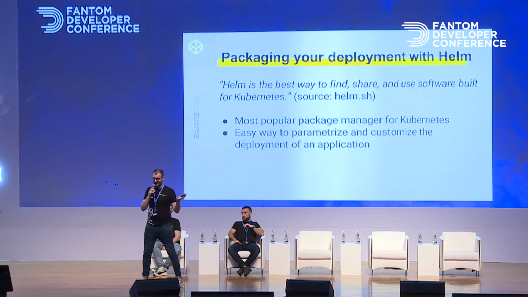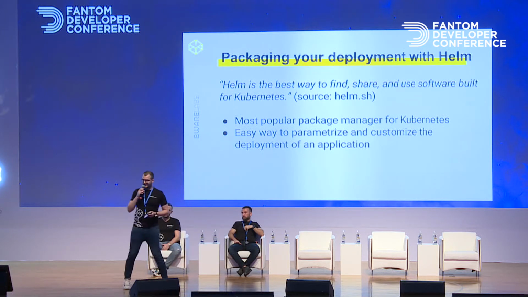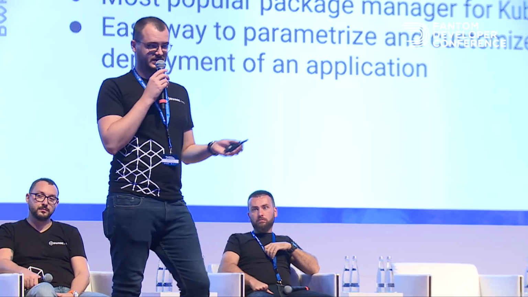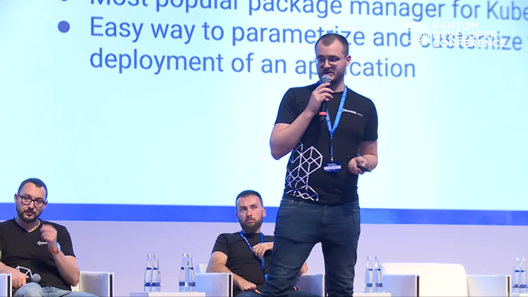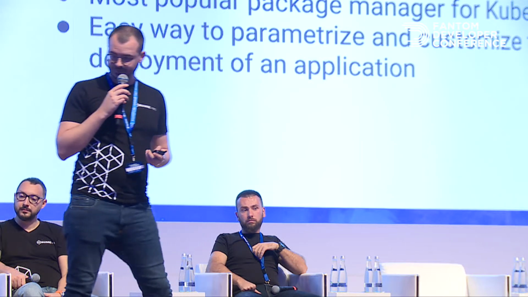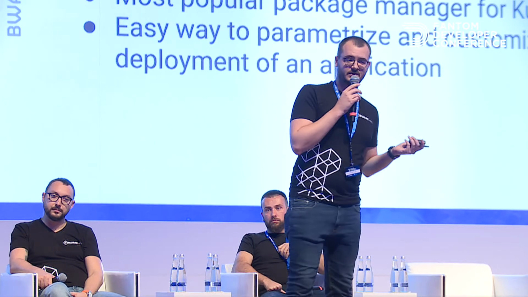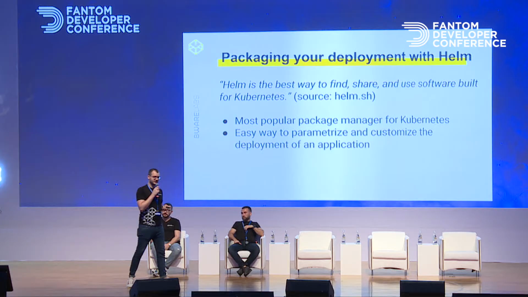You can template every Kubernetes object that you are creating, like service, persistent volume claim, deployment, whatever, you name it, and afterwards provide an interface to customize the way things are getting created and deployed. In this case, it's using a file called the values file, and that's how you manage to do it the easy way. You will be able to find our Helm charts for deploying the Fantom Read-Only Node on the same repo on GitHub that we'll make public on Twitter.